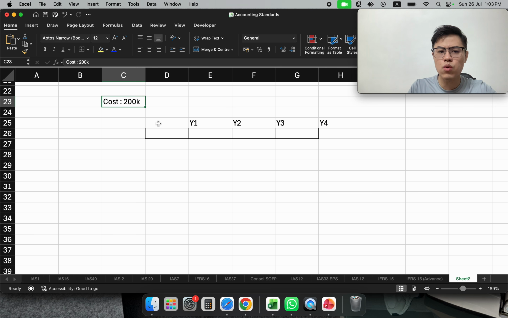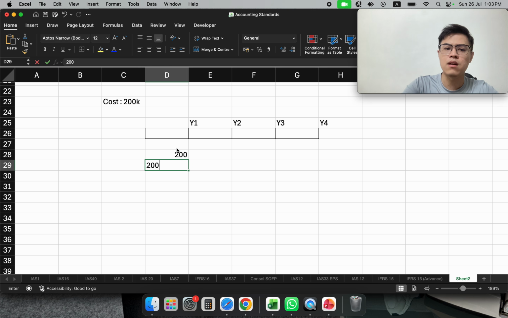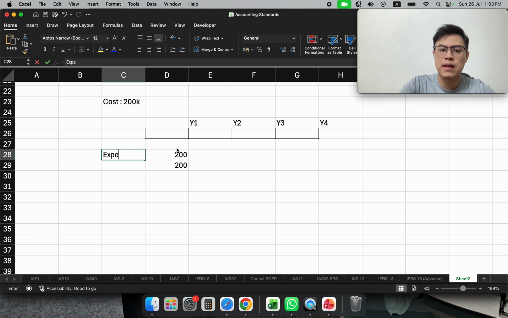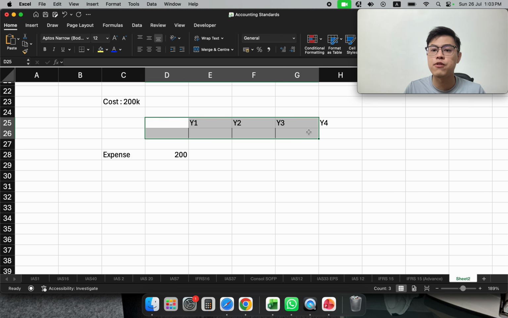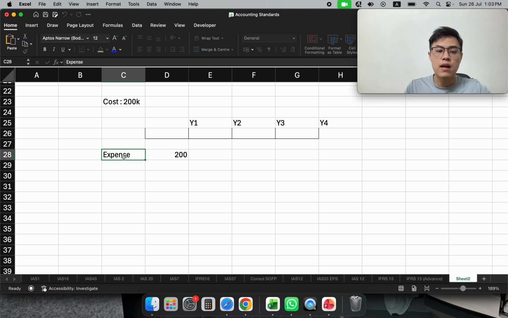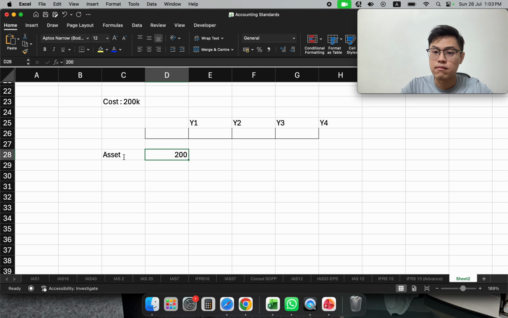I cannot charge this 200k immediately in year 1 as an expense, because this will distort my entire P&L for year 1. This cost is by right related to the entire project life, which is 4 years, and therefore I should keep it under my asset: debit asset 200, credit bank.